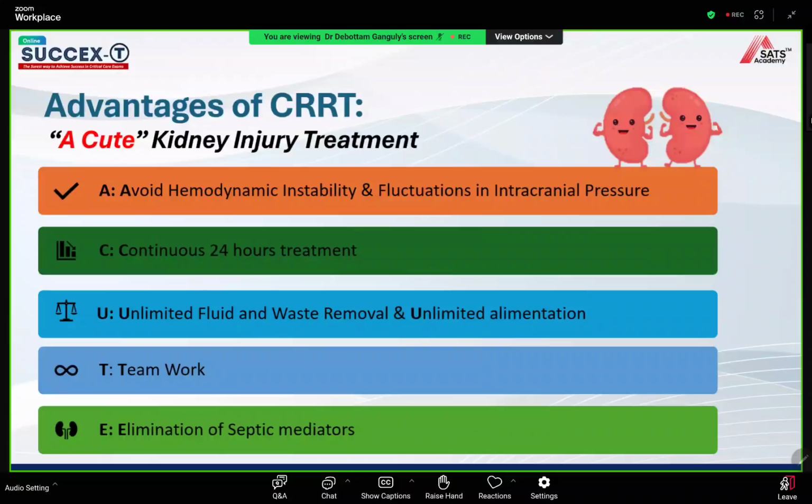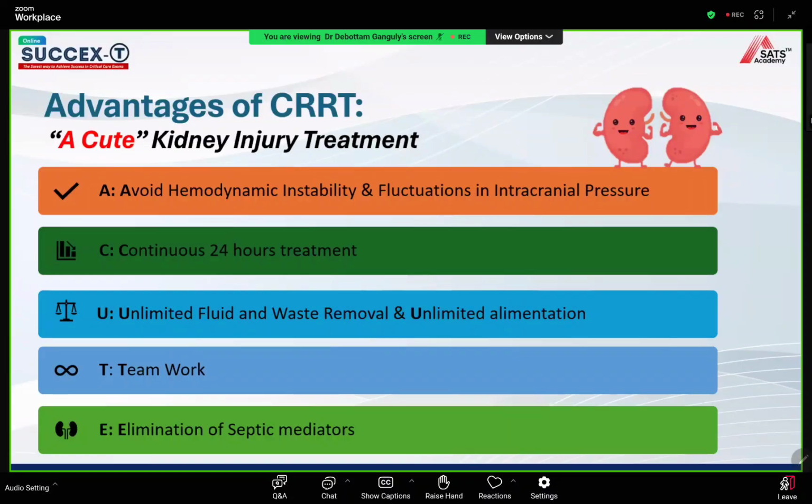The main advantage is that it's more physiological. It's like a physiological kidney. As it is slow and continuous, hemodynamic instability and fluctuation of intracranial pressure are less. We can give continuous 24 hours treatment, but practically 24 hours is not feasible.